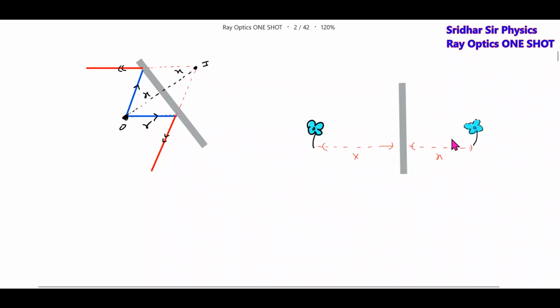Our object distance and image distance should be measured normal to the plane mirror. This is your plane mirror, this is a reflecting surface. Then if you want to trace out the image, you can do it like this.